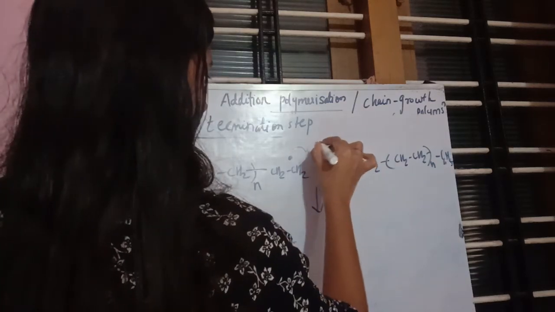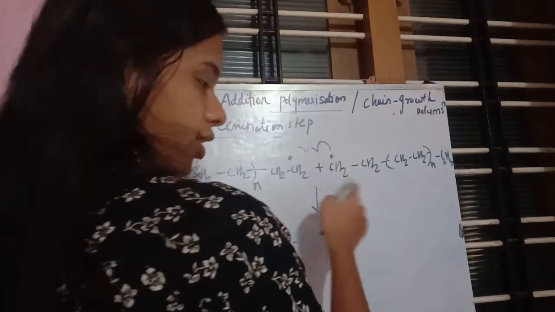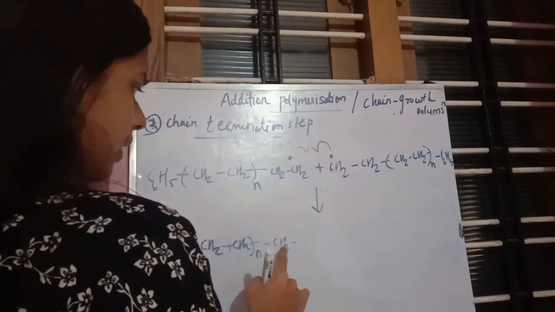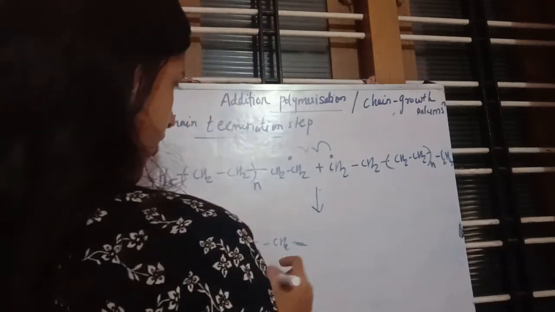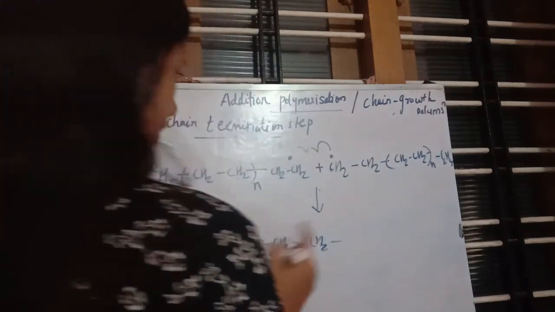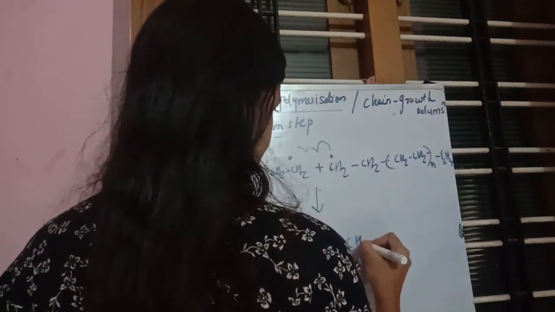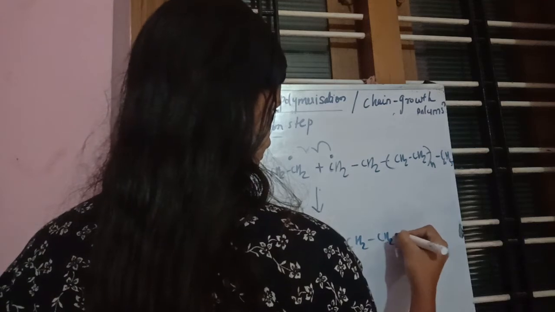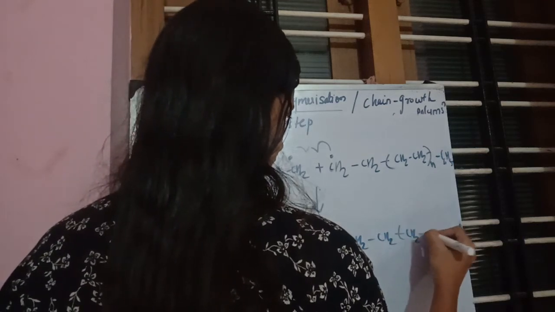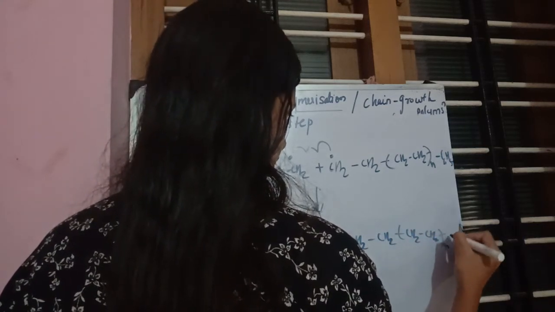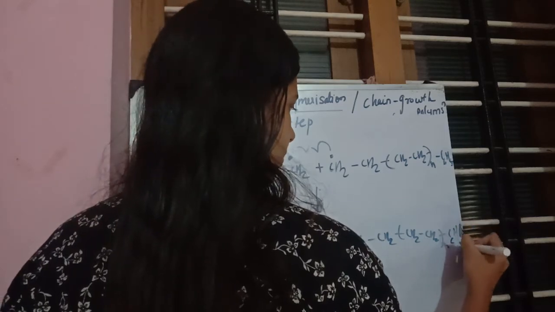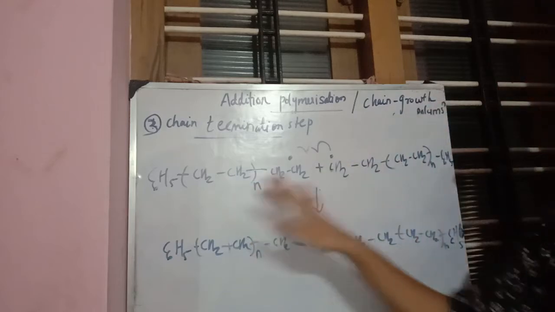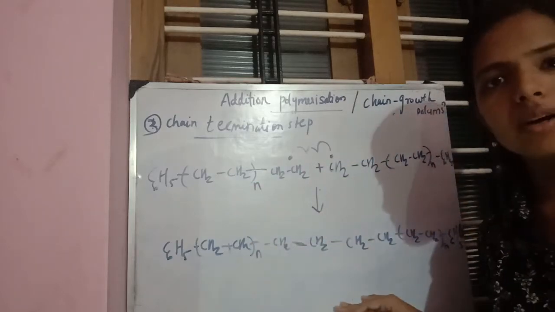See, they join together to form a bond here, right? So I can write a bond between these two, C6H5, and this is not a radical, right? These free radicals are combining together to form the polymer molecule like this.